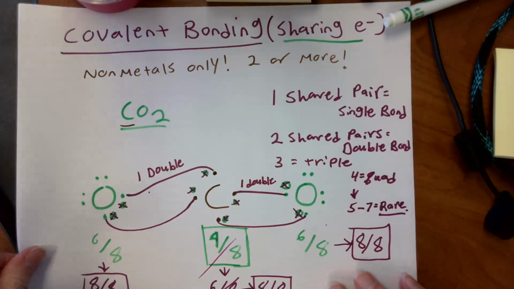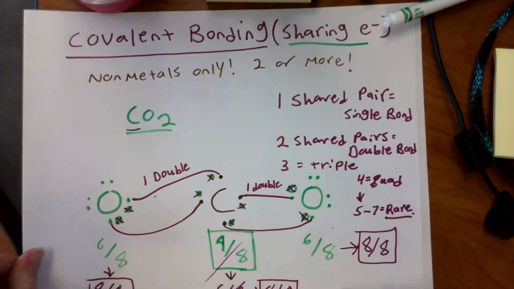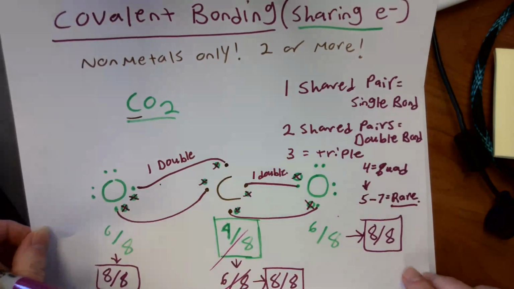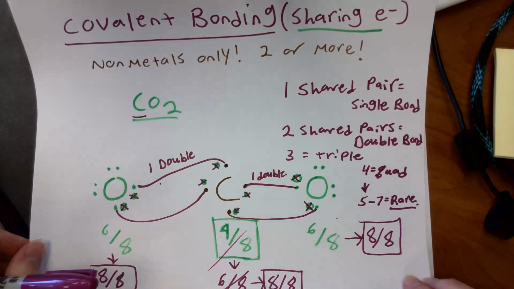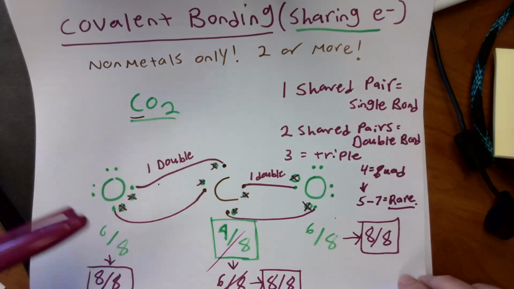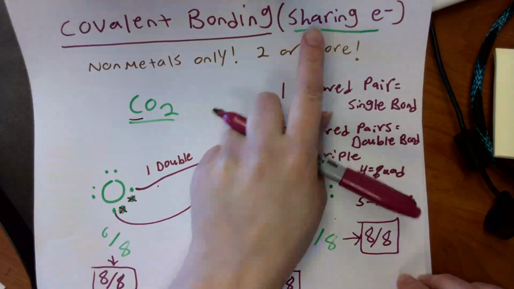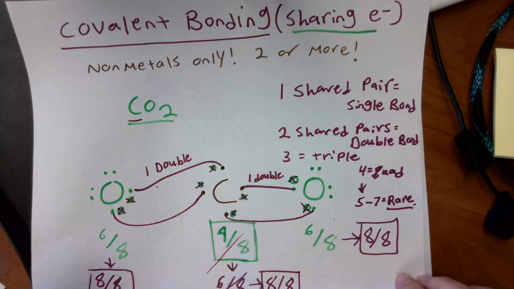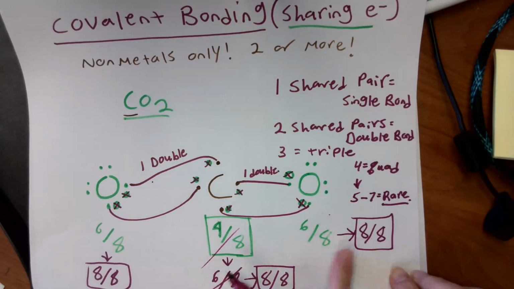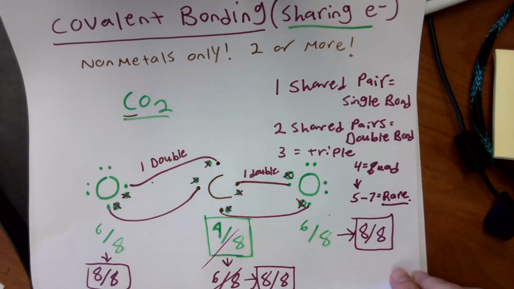So yeah. That's the basics behind covalent bonding. I can do more examples in the videos ahead. But just know that it's all based on sharing. It's between nonmetals only, and it's basically to get everyone here that's in it to access to 8.